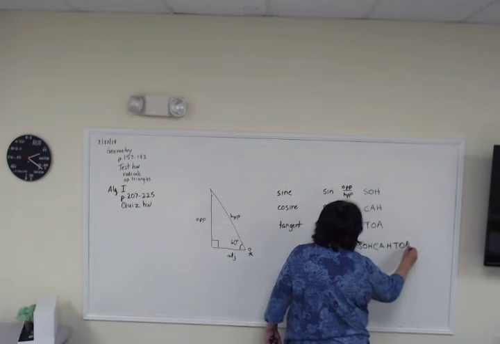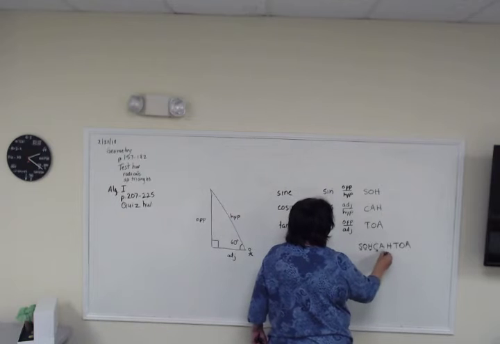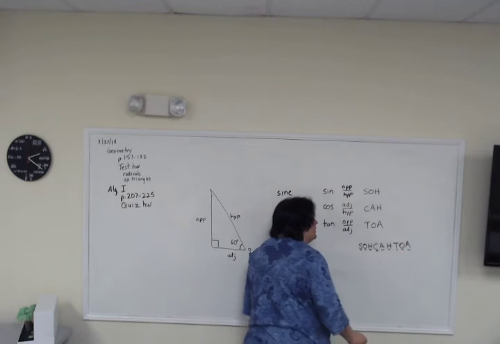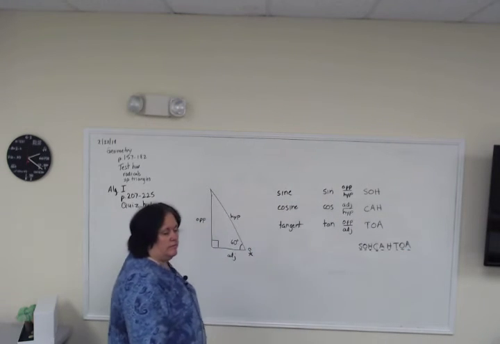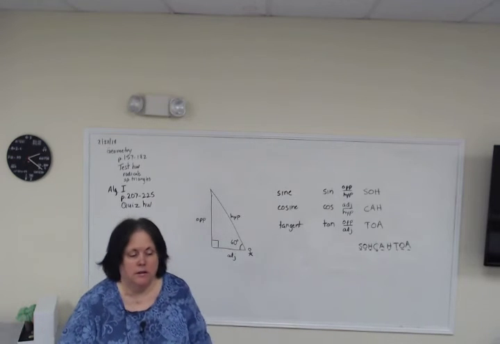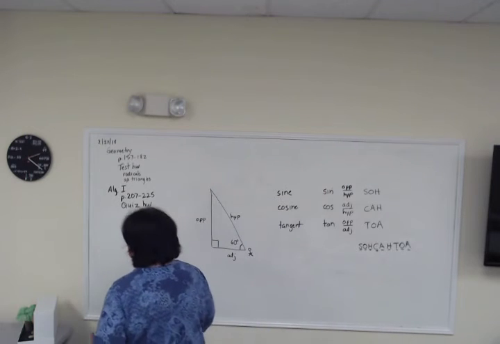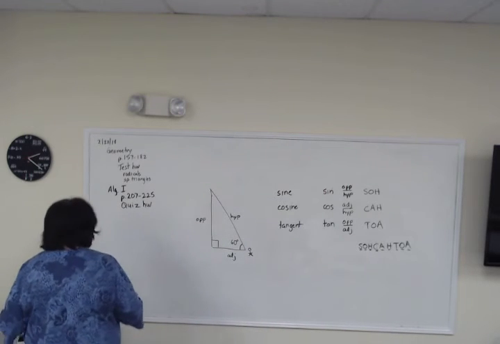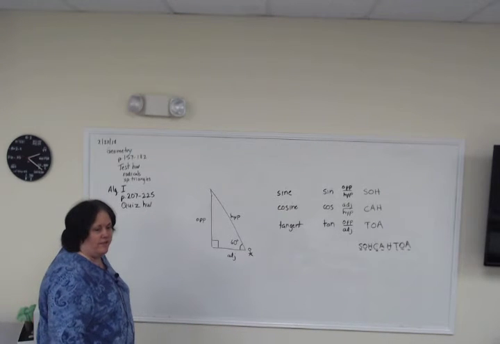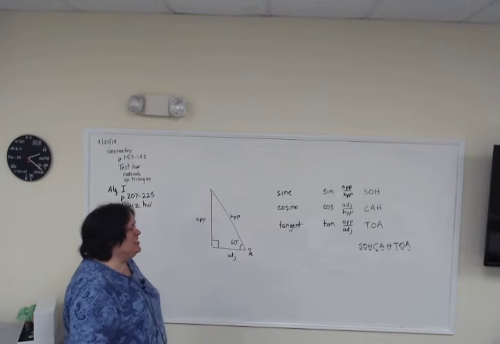Sine is opposite over hypotenuse. Cosine is adjacent over hypotenuse. And tangent is opposite over adjacent. So you have to decide how you want to memorize these, but you have to memorize these. You have to know this. I pretty much know how to spell SOHCAHTOA from like 2 years back when I memorized it. Yeah, SOHCAHTOA.